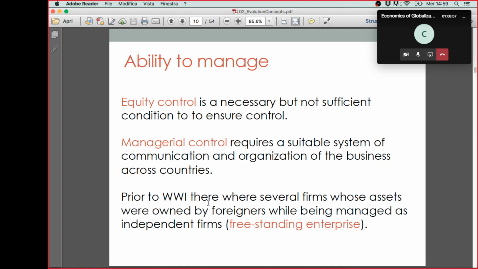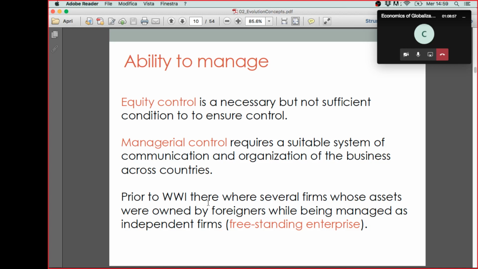Prior to World War I, there were several firms whose assets were owned by foreigners. There were lots, for instance, of U.S. companies that were partially owned by UK investors.